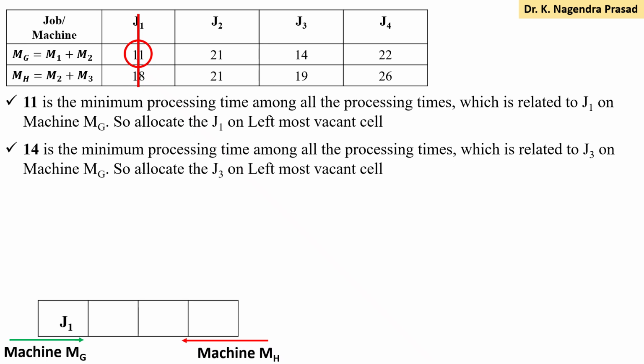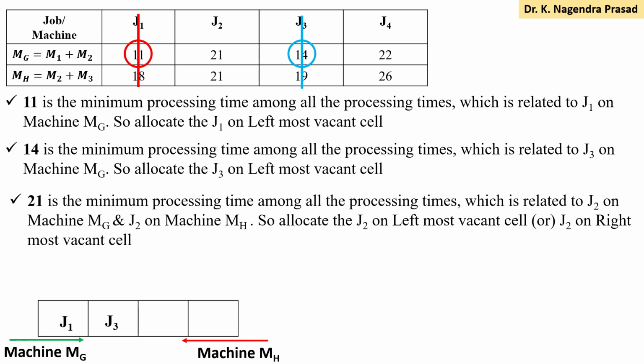Here 14 is the minimum processing time among all the processing times, which is related to job 3 on machine G. So we have to allocate job 3 on the leftmost vacant cell. Then we have to remove job 3 from the next considerations.